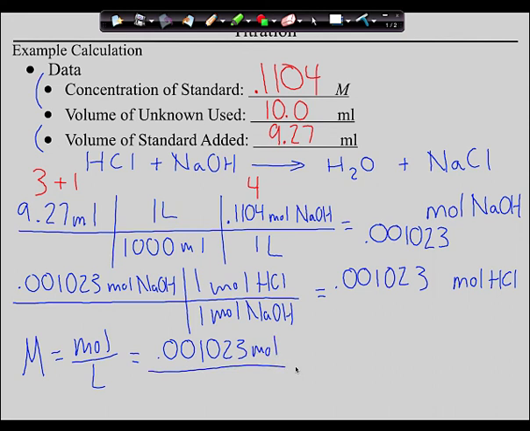Now, guys, how many liters of HCl did we have? 10 milliliters. But, guys, we've got to convert that to liters. So how do we convert milliliters to liters? Divide by 1,000. Still keeping 3 significant digits, because this is 3 significant digits. It's 0.0100 liters.